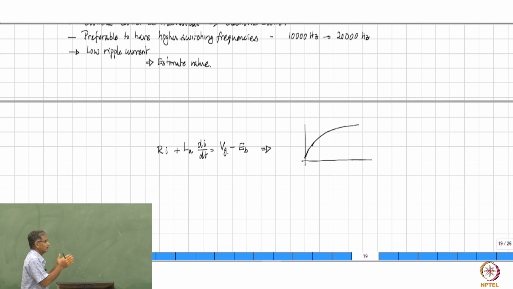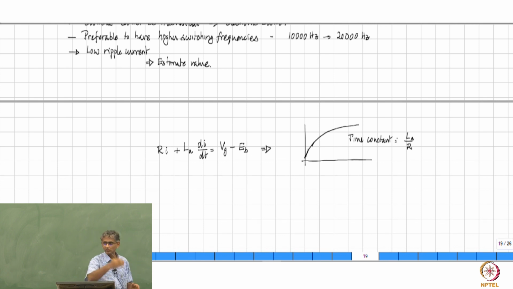Now, as the value of the resistance becomes smaller, then this is going to be determined by the time constant of the circuit, and that is La by R. If the time constant is larger, then it's going to take a longer time to reach the final value.